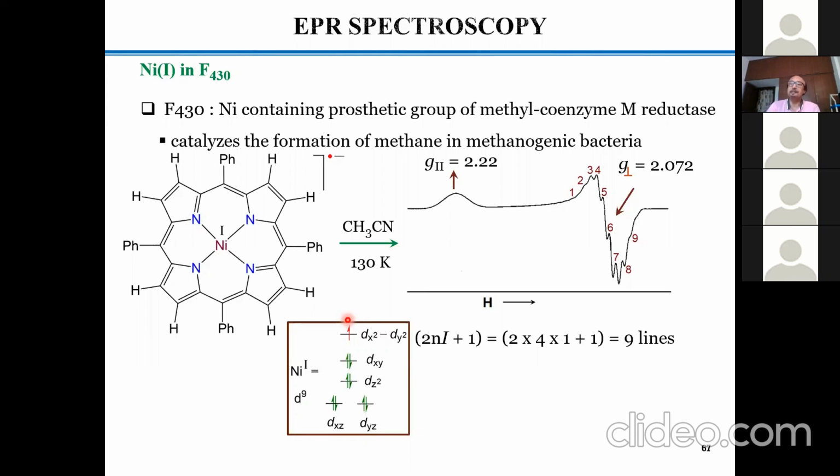But if it is less, that means the maximum number of ions would be concentrated in the perpendicular region. Okay, so if this is one, so in this region you will have the maximum number of ions. And as a result, ESR intensity at the perpendicular region would be maximum.